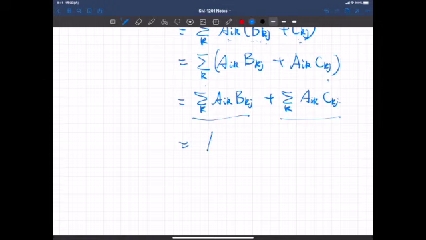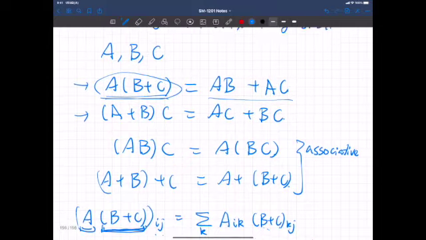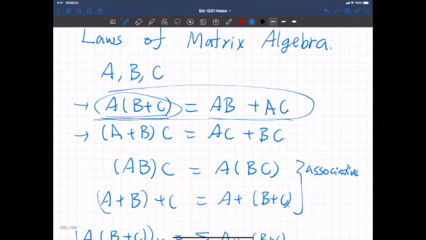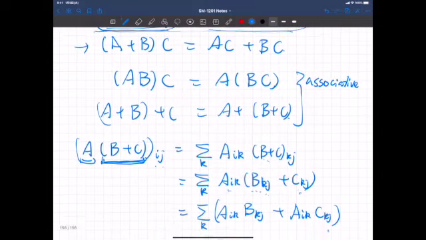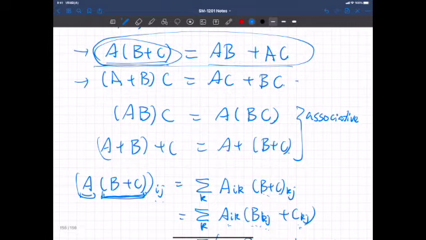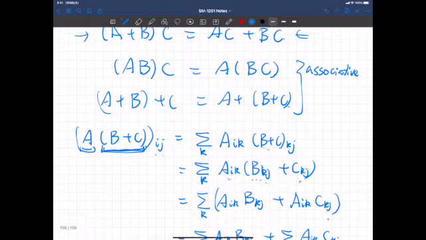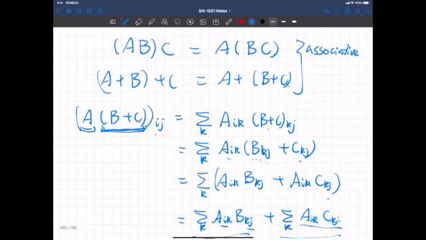So that is the ij element of AB, and this is the ij element of AC. Therefore, we have this result. And you can prove the second result very similarly.